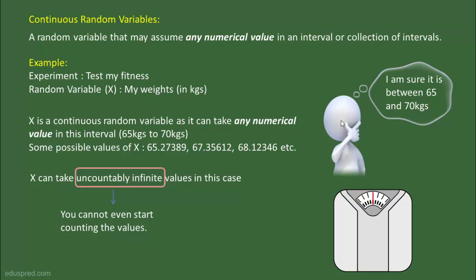I mean, what will be your first element if you decide to start counting these values? Do you think taking 65.1 as the first element is a good choice? Well, why not 65.01? Or why not 65.0001? Well, this can go on and on. So you see, you cannot even start counting these infinite values. So that's why they are uncountably infinite.